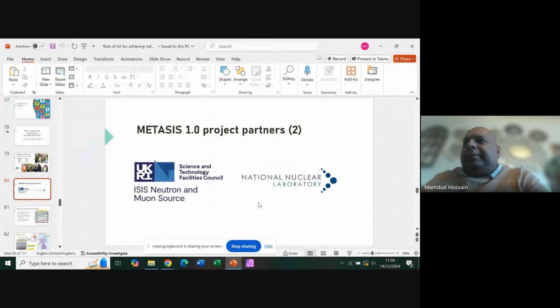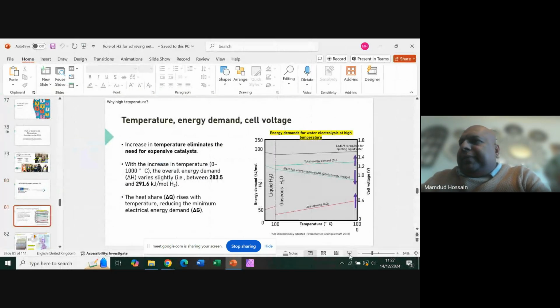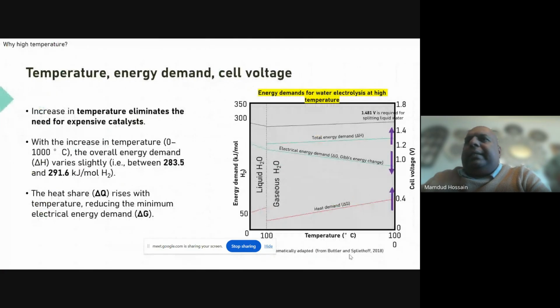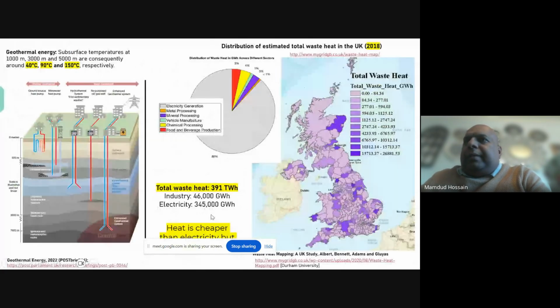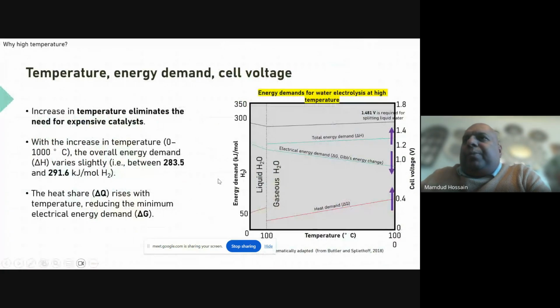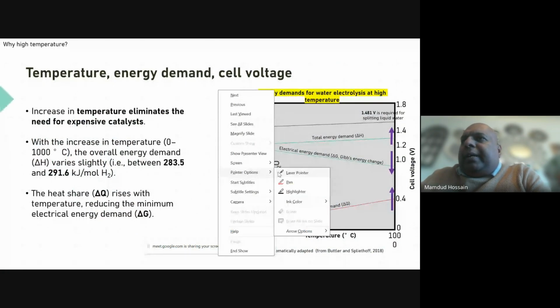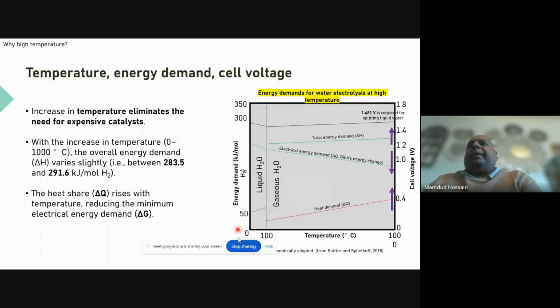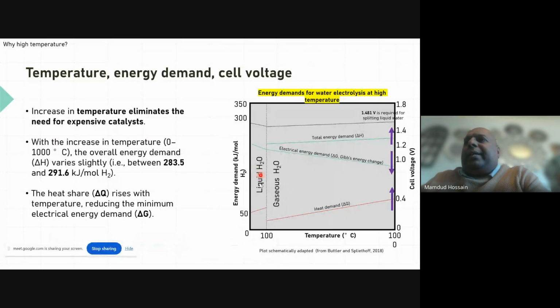Moving on, the temperature effect that I wanted to talk about is here. If you want to produce hydrogen by electrolysis, you have quite a number of options. You can use liquid water to produce hydrogen below 100 degrees Celsius in a PEM electrolyzer. If you want to produce hydrogen at a very high temperature, this is the advantage.